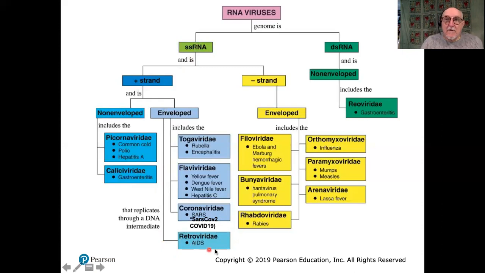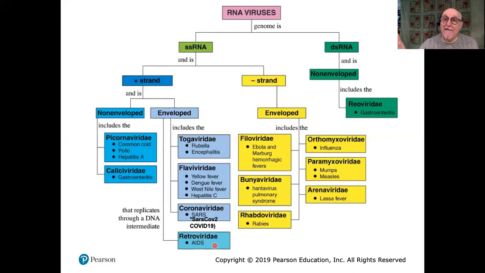This group here, the retroviruses, have another little twist to their reproductive tale. And that is that when the single RNA strand is injected into the host cell in the retrovirus, they actually read that messenger RNA strand and produce a DNA strand from the RNA strand.